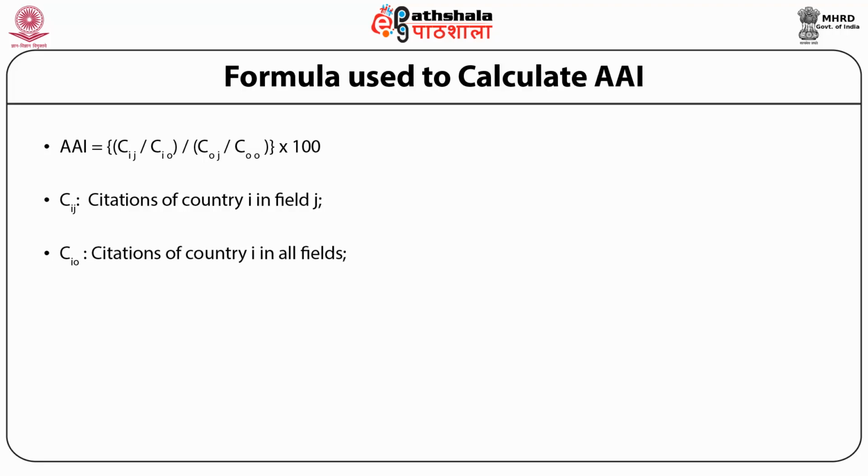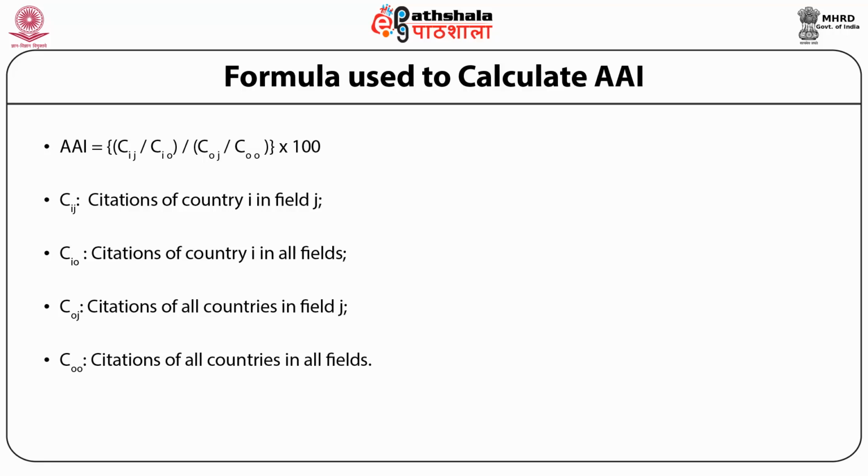Cio denotes citations of country i in all fields. C0j denotes citations of all countries in field j. C00 denotes citations of all countries in all fields.